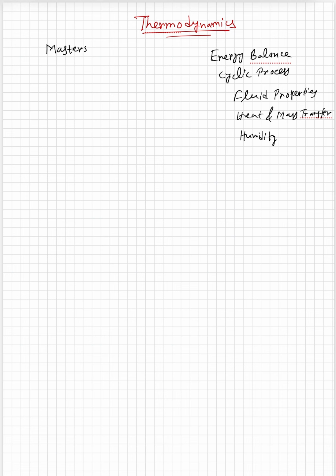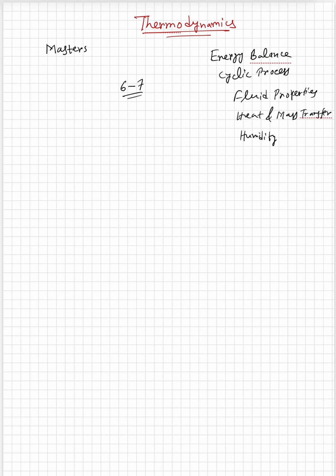I haven't written them in a properly oriented way, but I will cover all of these things in upcoming days. I will solve 6 to 7 numericals regarding each and every topic I just mentioned here, which will clear your understanding of how to deal with the subject in our exam.